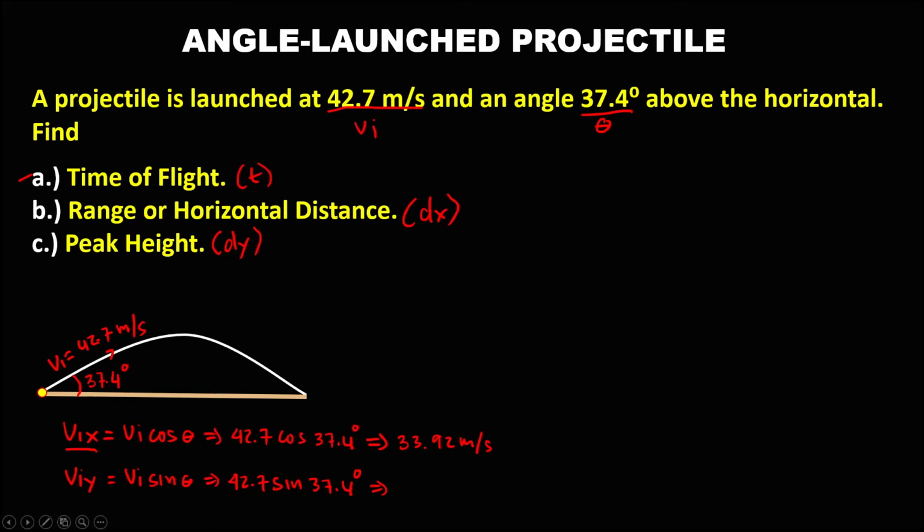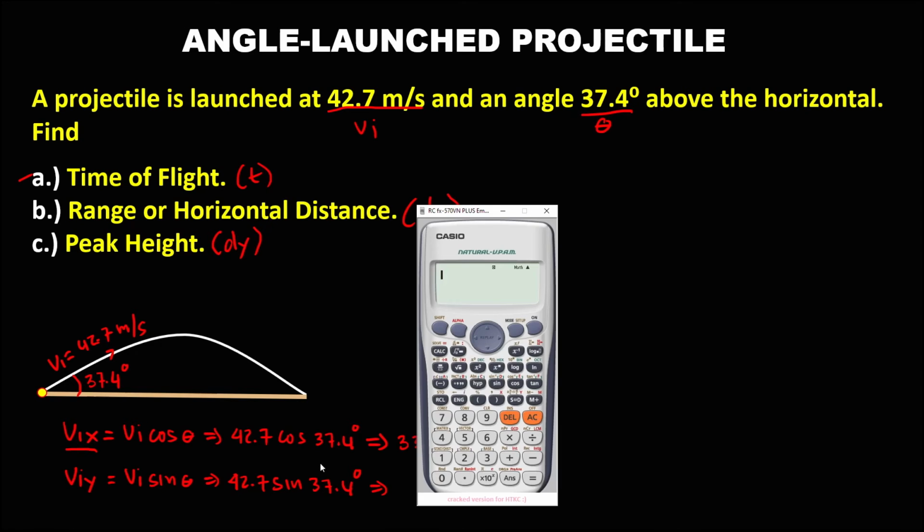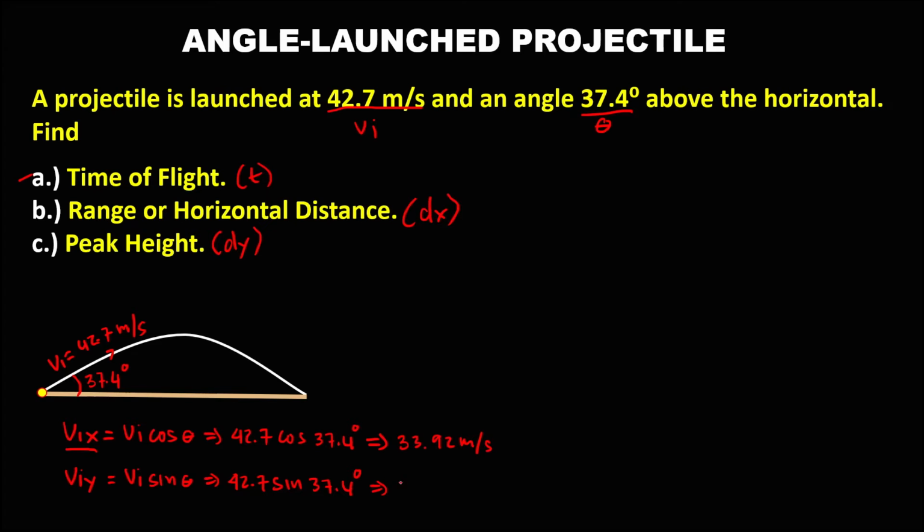Then to find the initial velocity for y, we have 42.7 times sine 37.4 equals 25.93. So this is 25.93 meters per second. So we have now the initial velocity for y.